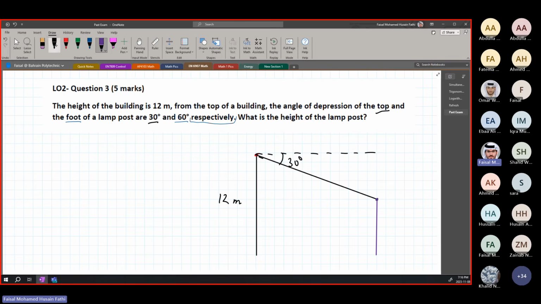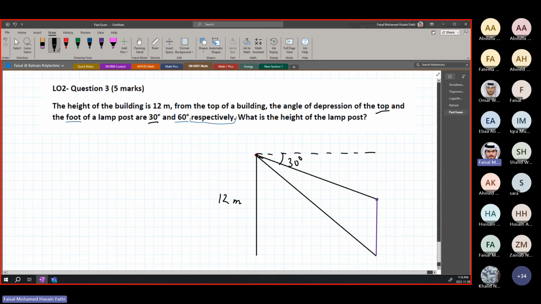And this angle, sorry, this angle over here from here to the bottom of the lamp. Remember, this angle all the way from the horizontal, this full angle, is 60 degrees.